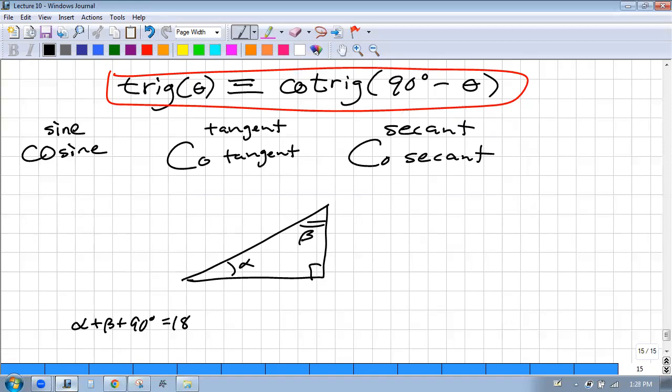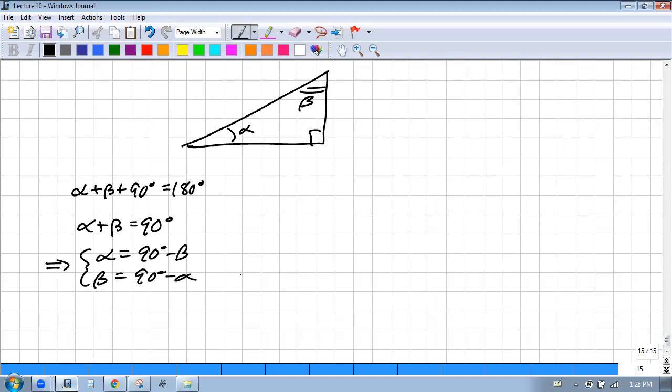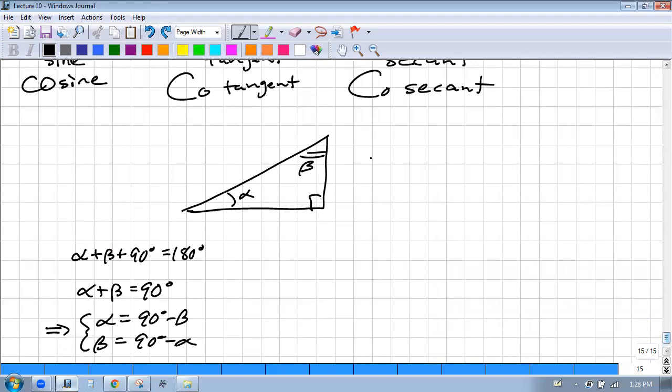If I subtract 90 from both sides, I got this. So what that means is that alpha is always 90 minus beta, or beta is always 90 minus alpha, right? These alpha and beta are complementary angles. They add up to 90 degrees, okay?